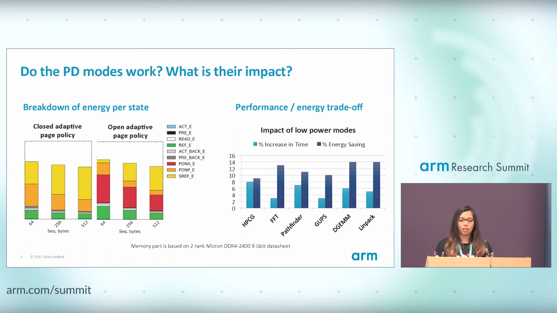And finally, some numbers on the power performance trade-off. This plot shows some HPC workloads on the x-axis. The light blue bars are the percentage increase in execution time, meaning the performance degradation, and the dark blue bars are the percentage energy savings. So you can see that there's no free lunch. As soon as you start to have some energy savings, you're going to affect performance in some way.